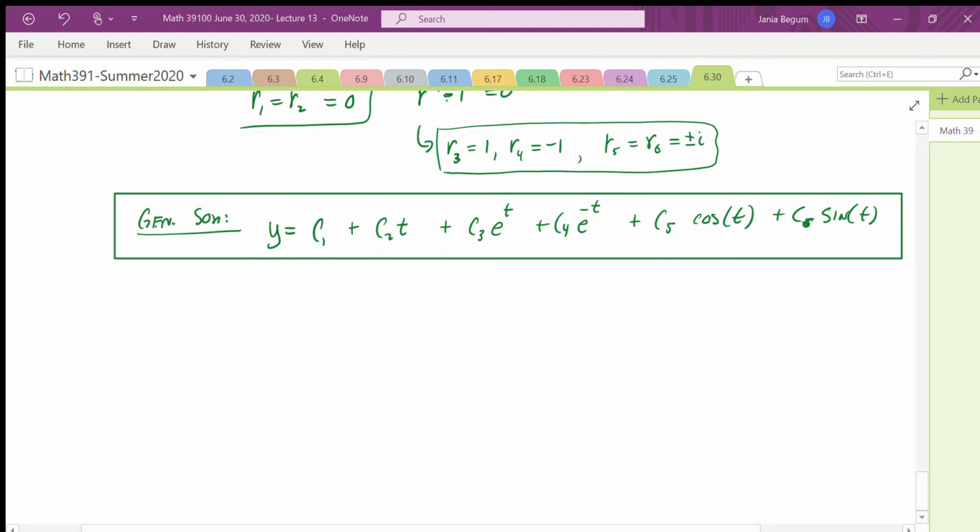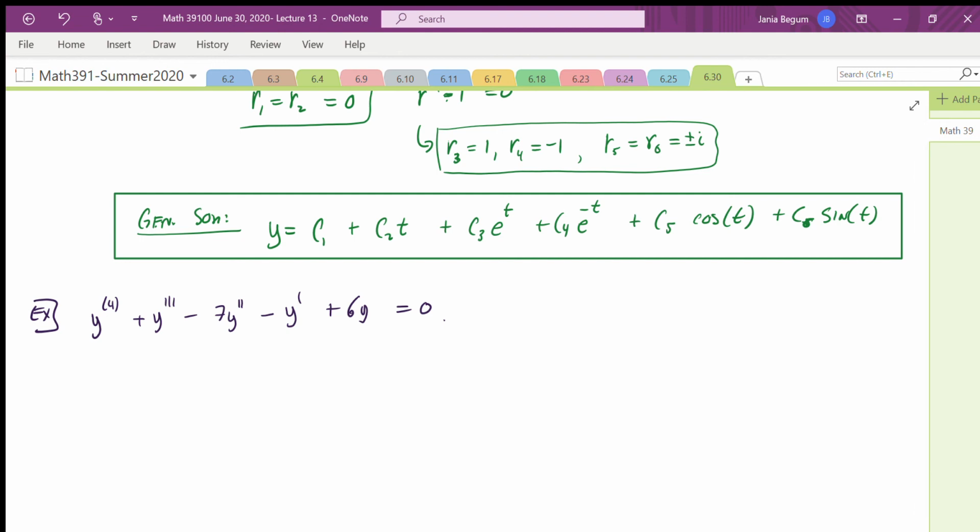So let's look at another example. So what if you want to solve something like, say, y to the 4th derivative plus y to the 3rd derivative minus 7y to the 2nd derivative minus y prime plus 6y equals 0. So it's a 4th order, but it has a lot of terms.